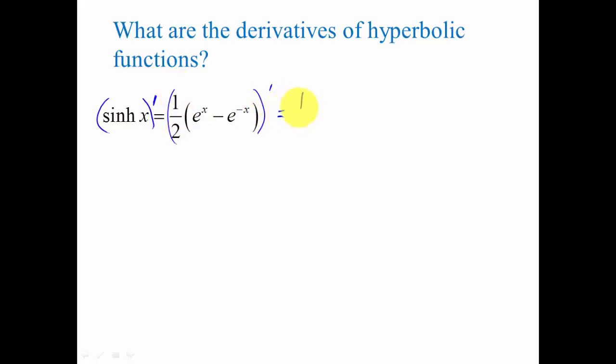So that's going to be 1/2, the derivative of e to the x is e to the x, and then minus the derivative of e to the negative x is e to the negative x, but then the chain rule applies, multiplied by the derivative of negative x, so that will make that a plus. Oh, well, that's the definition for the hyperbolic cosine.